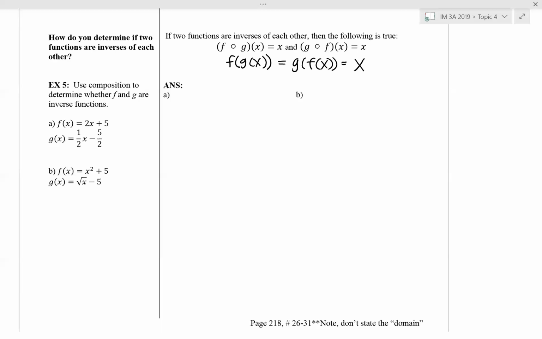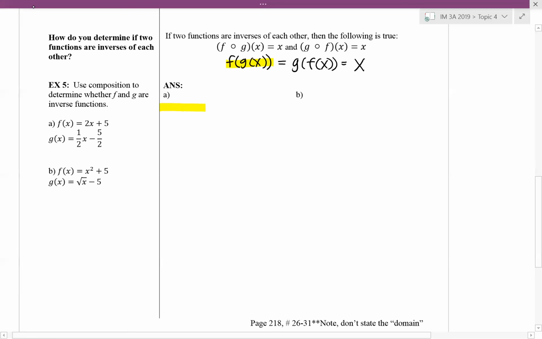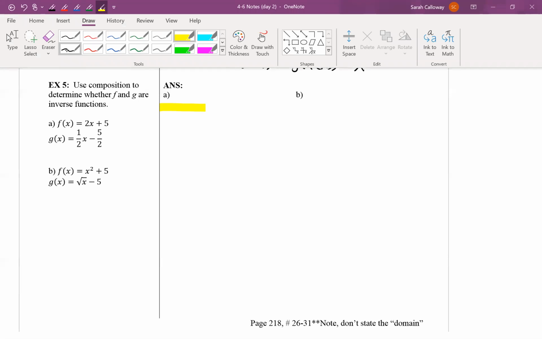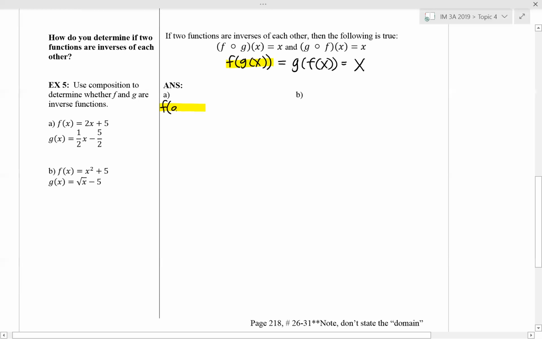So what we're doing here then is we're going to do each of these compositions to check to see if they're both x. So we're going to start with f of g of x. f of g of x means I'm taking f of x and I'm replacing x with the equation for g. In this case, the equation for g is 1/2 x minus 5 halves.